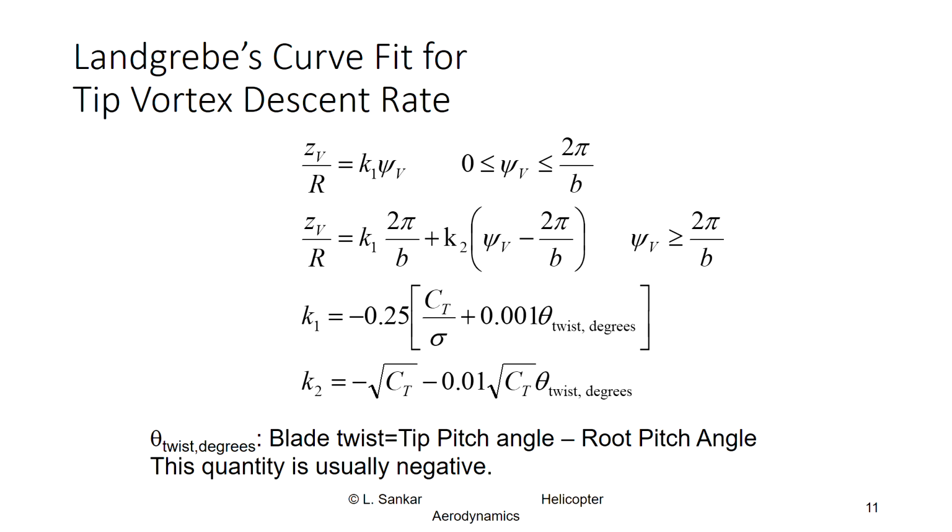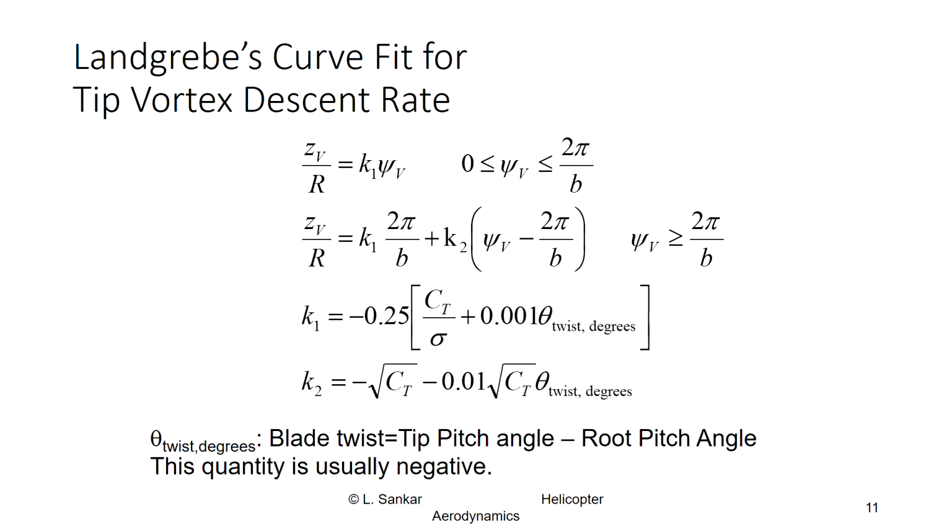So once you find the thrust coefficient and solidity, or assume a thrust coefficient from one of our earlier methods such as the blade element theory or blade element momentum theory, compute K1 and K2, then solve for the vortex age from 0 to 2 pi over b, where b is the number of blades. Use one curve fit. And above 2 pi over b, use the second curve fit. Then compute the tip vortex structure.